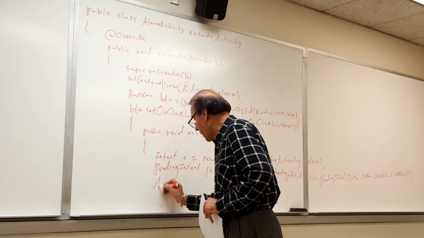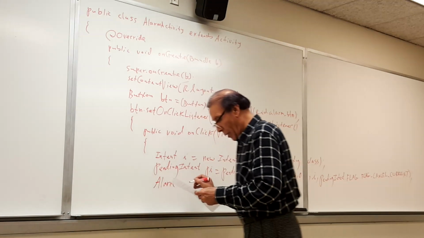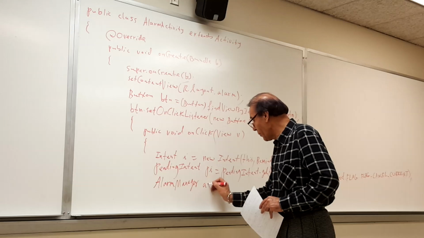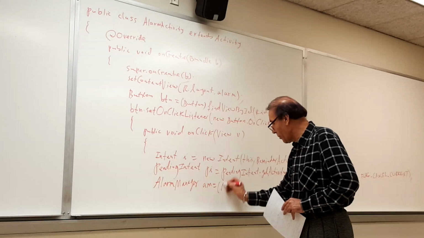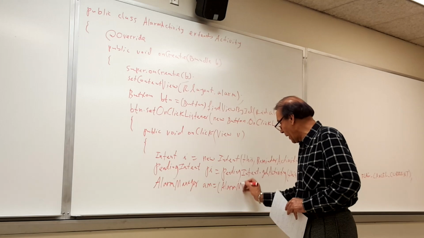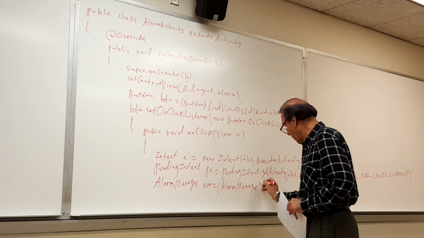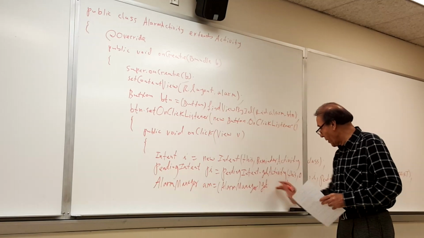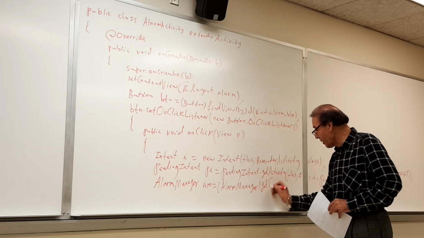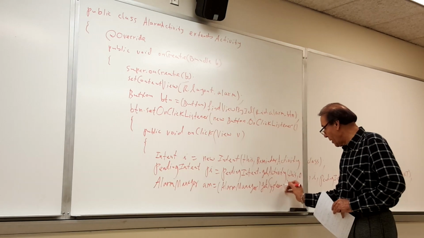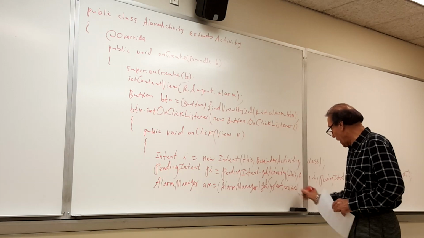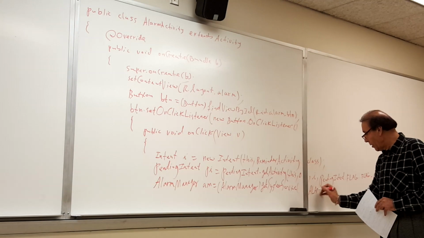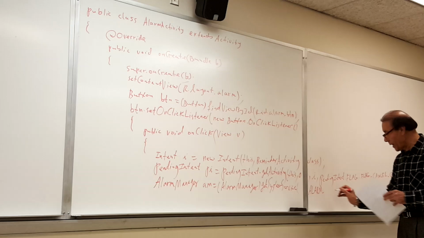AlarmManager am = (AlarmManager) getSystemService, and the argument is ALARM_SERVICE.